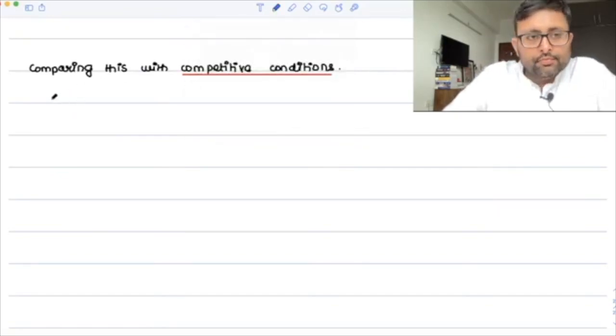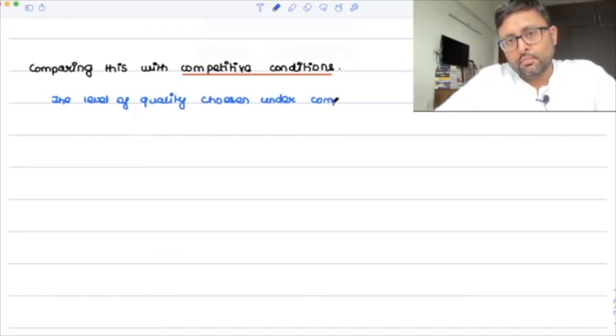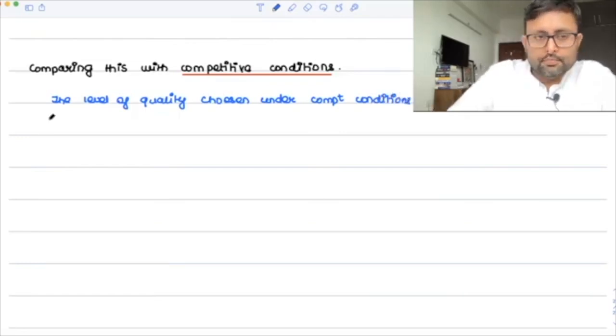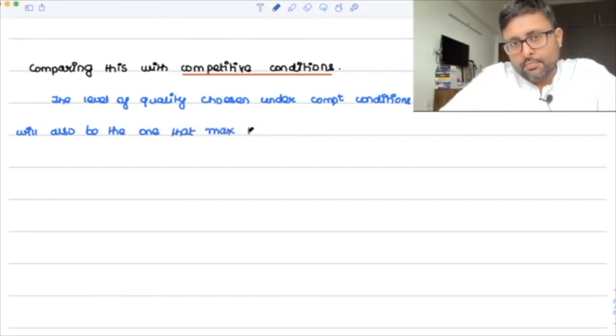So the level of quality chosen under competitive conditions will also be the one that maximizes net social welfare.